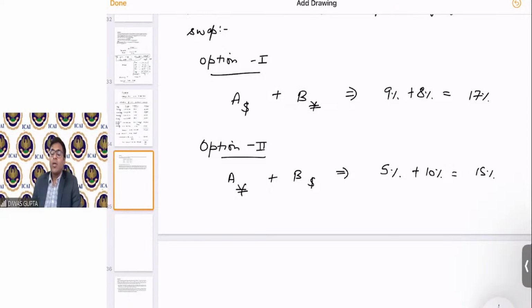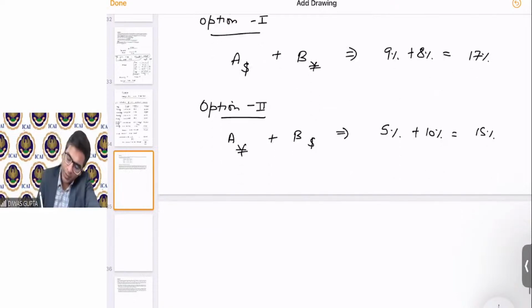So can we say that option 2 at an overall level is leading to a better interest cost, right? Because option 2 has a lower amount.